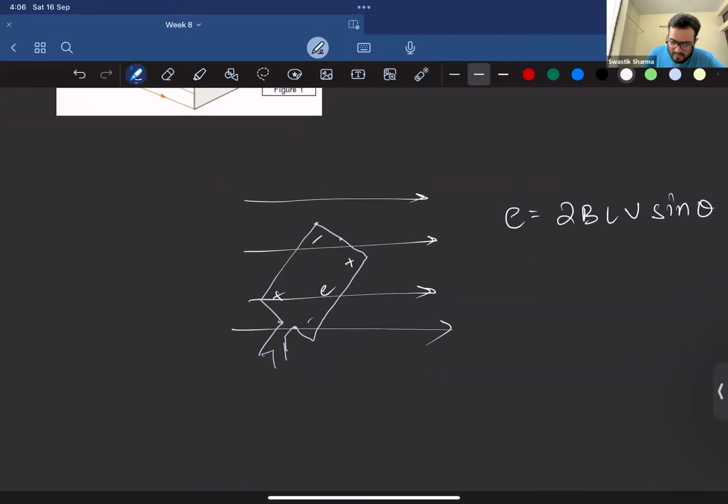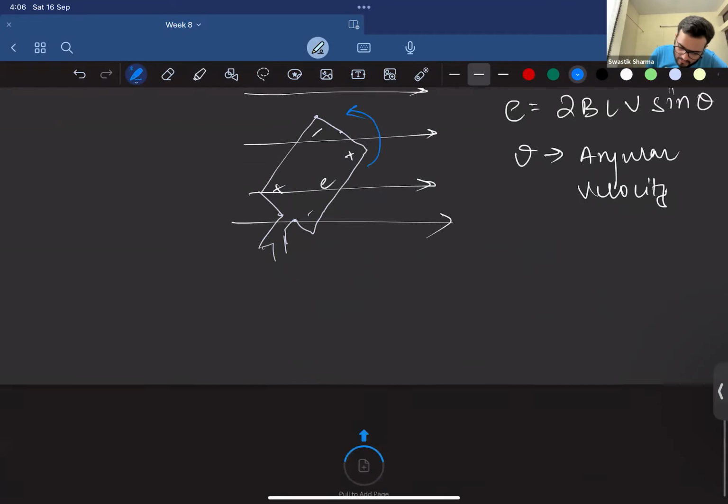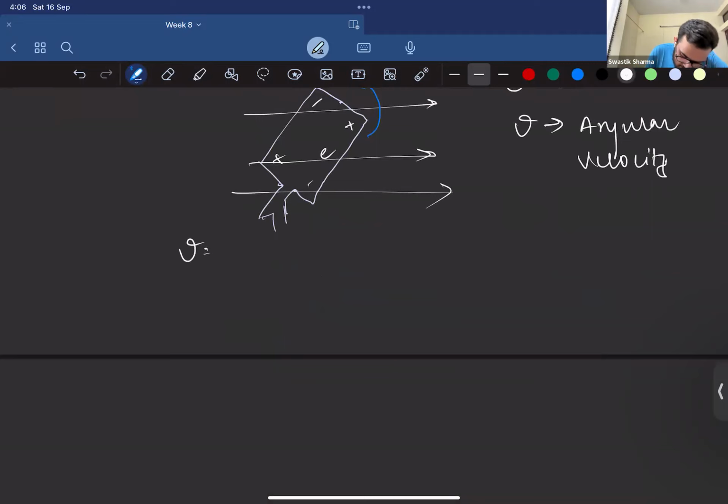Now, what is V? V here is the velocity of rotation, that is, this conductor is rotating with a velocity V. We can calculate this V. The radius of this coil will be half of the breadth of the loop, which is b by 2, and it's rotating with n revolutions per second.